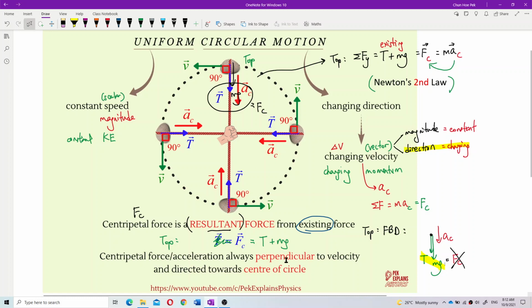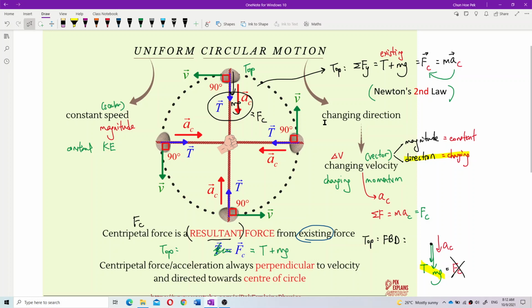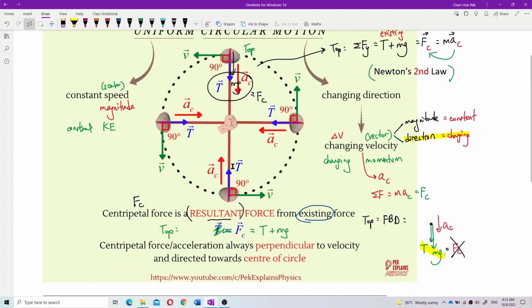Because the force is always perpendicular to the velocity, the velocity always changes direction. At the bottom here, the tension and acceleration are towards the center, and at the top too, always perpendicular to the velocity.